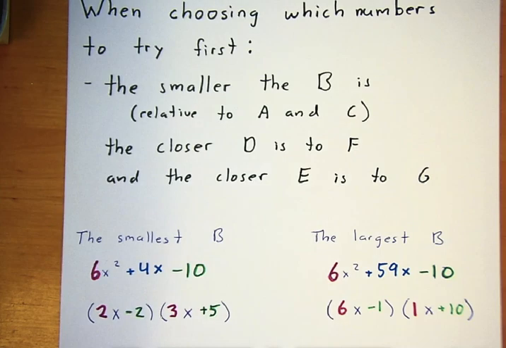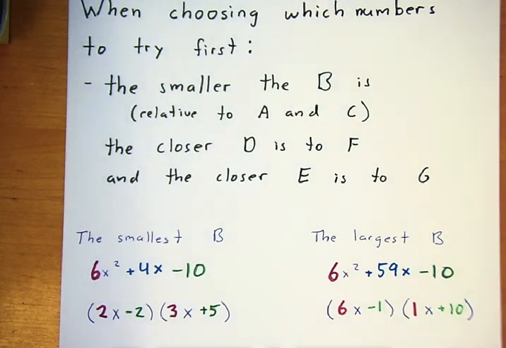And using those closest and closest, I was able to get my smallest b possible. Now, if I have them be very far apart from each other, the 1 and the 6 were further apart, and the furthest apart was the negative 1 and 10. If those are very far apart, I can get a very large b.